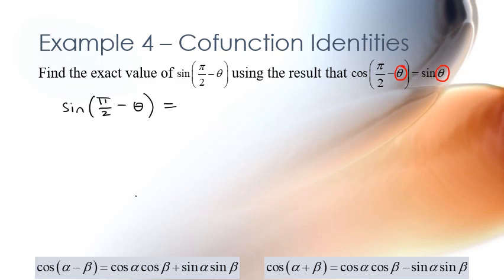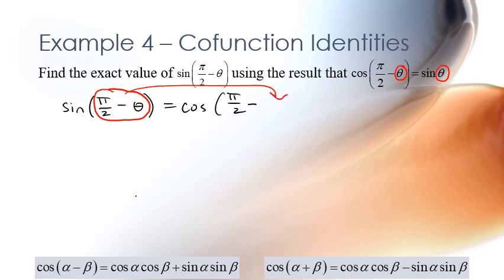So if what I have is something bigger than theta, then what I can say is that the sine of pi over 2 minus theta is going to equal the cosine of pi over 2 minus the thing that I just circled, right? Those two have to match up.